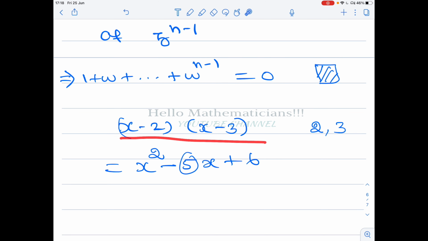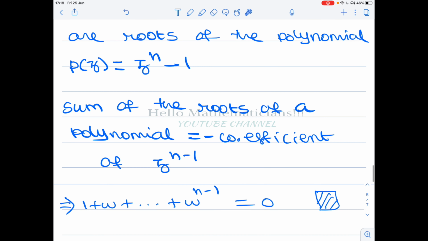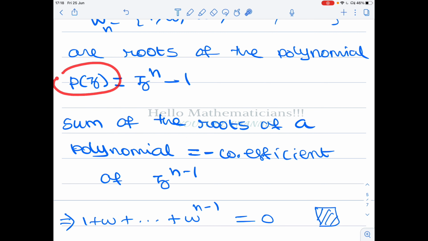If we expand it, you get x square minus 5x plus 6. So it's a second degree polynomial. The negative of the coefficient of x power 1 will be the sum of the roots. Therefore, the sum of the roots is the negative of the coefficient of x power n minus 1.